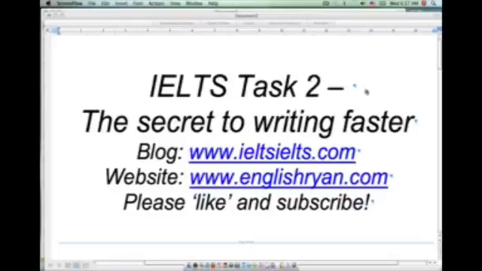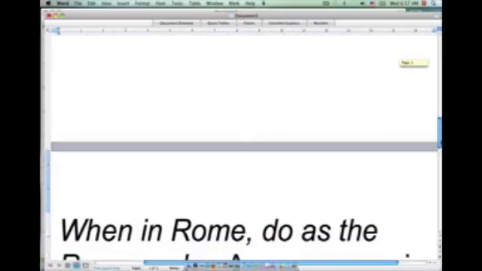So the tip for today that I will demonstrate to you in detail in a second is to clearly agree or clearly disagree with your task 2 argument question.